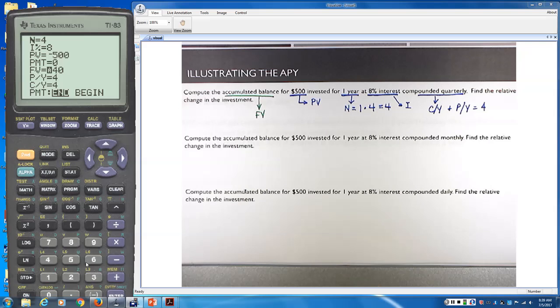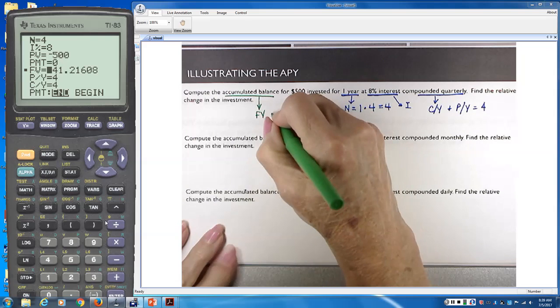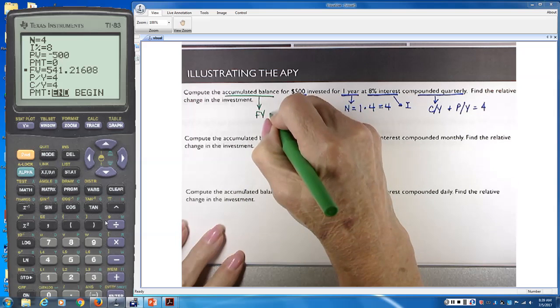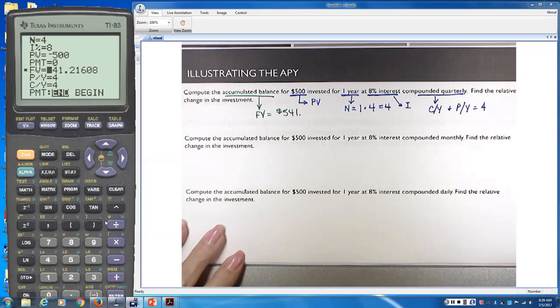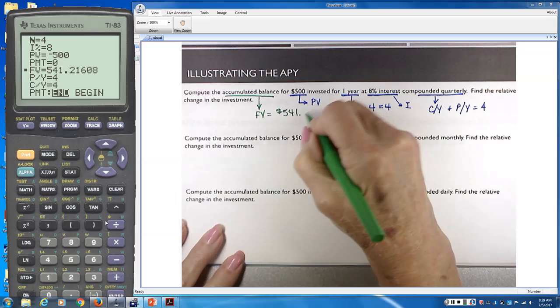So we're going to solve, and we see that we get a little bit more money this time. We get $541 and 22 cents.